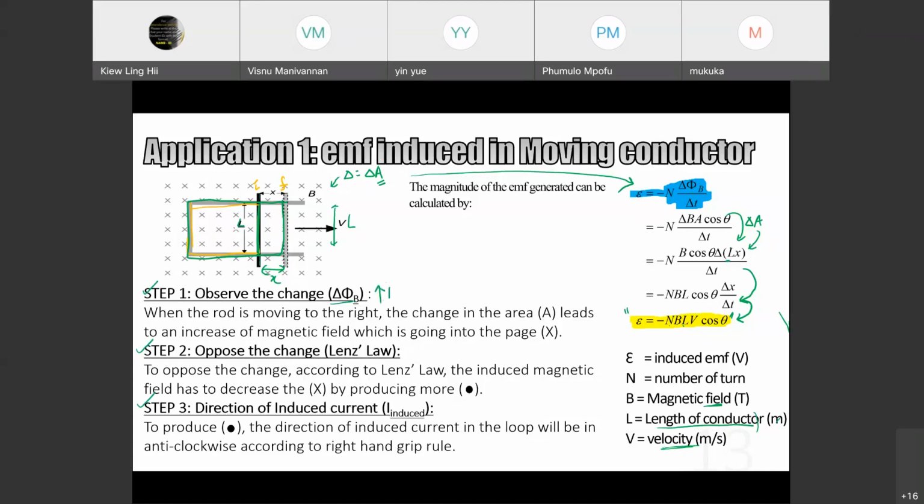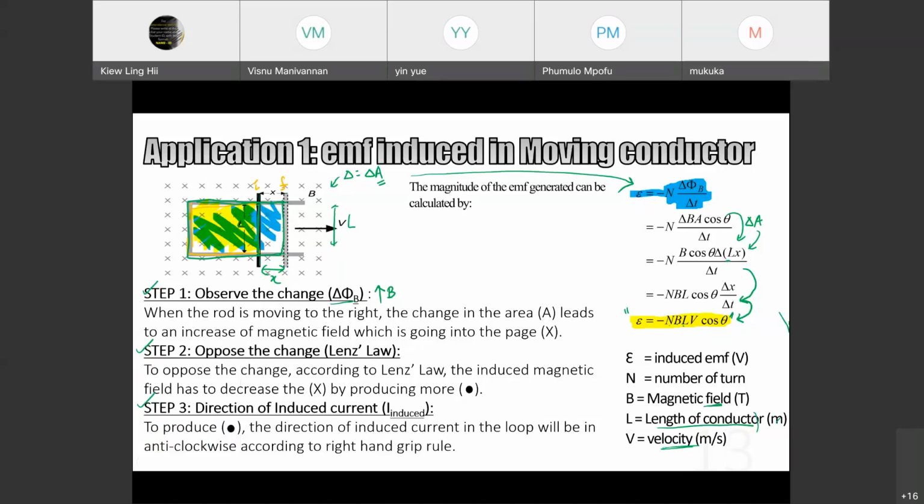What is the direction? The part highlighted with the yellow color is the initial area. Then when it is being dragged outside, this is your new area.